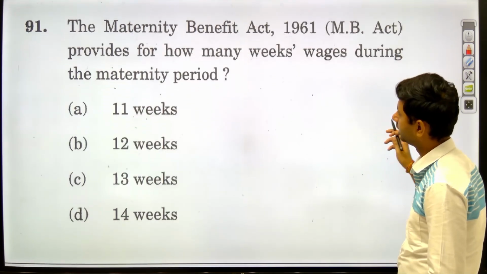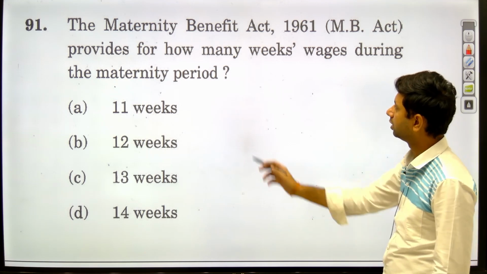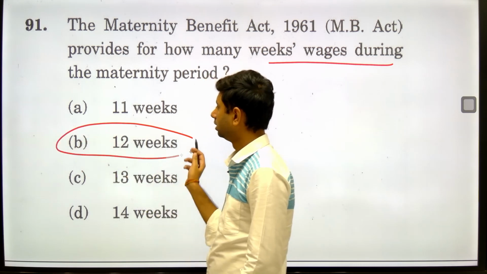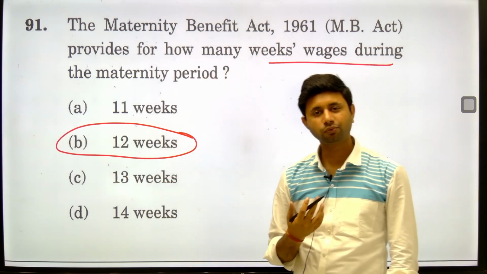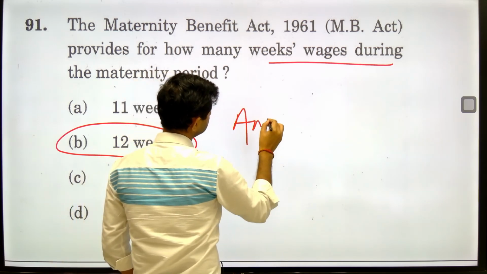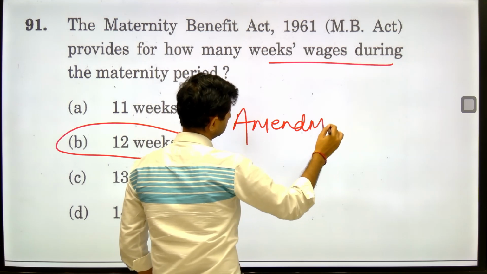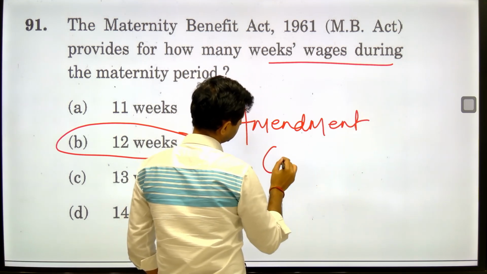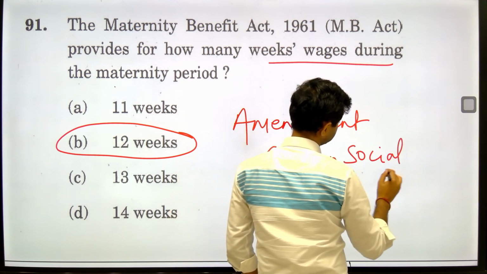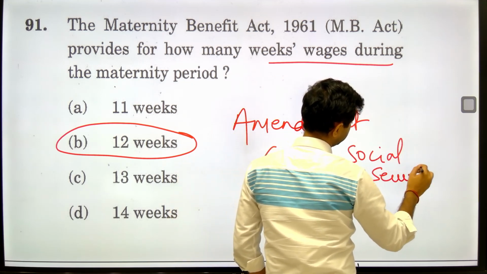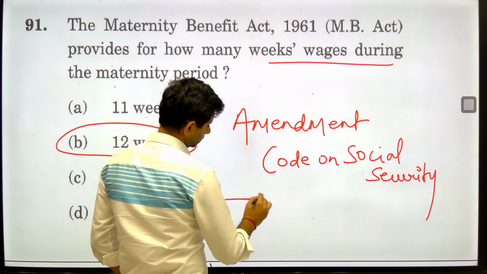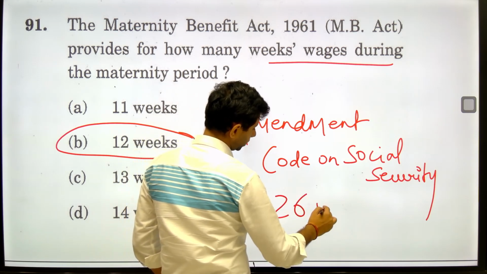Next is about Maternity Benefit Act: how many weeks of wages are provided during the maternity period. Although the answer was 12 weeks as per the Maternity Benefit Act, right now an amendment has been done, and as per the Code on Social Security, the maternity benefit has been given as 26 weeks.